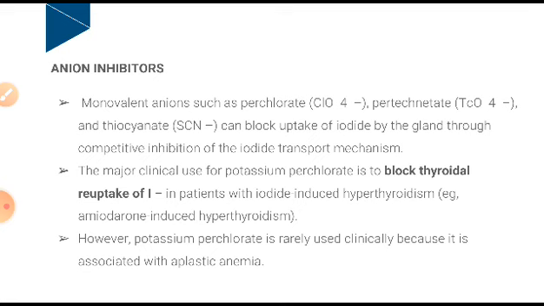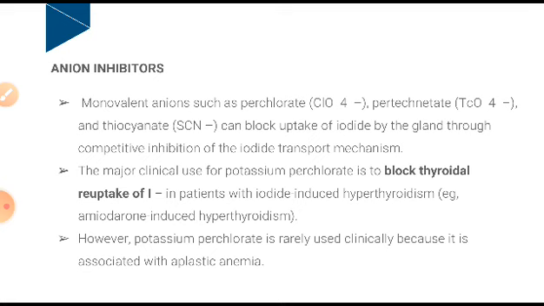Now I'll talk about the second category, which is anion inhibitors. Monovalent anions such as perchlorate, pertechnetate, and thiocyanate can block uptake of iodide by the gland through competitive inhibition of the iodide transport mechanism.